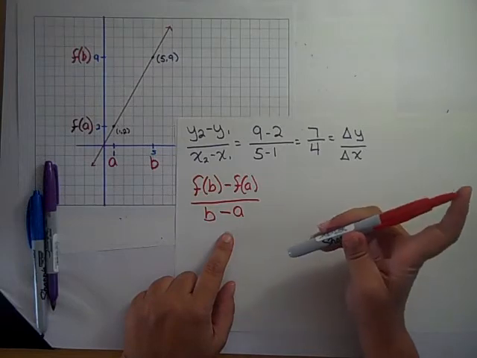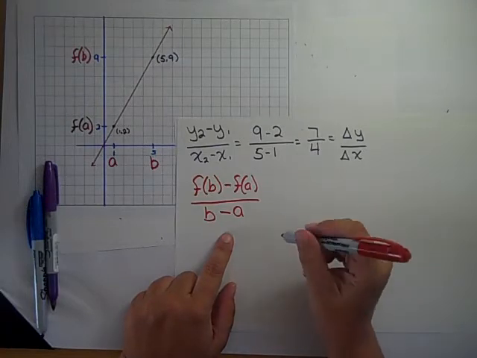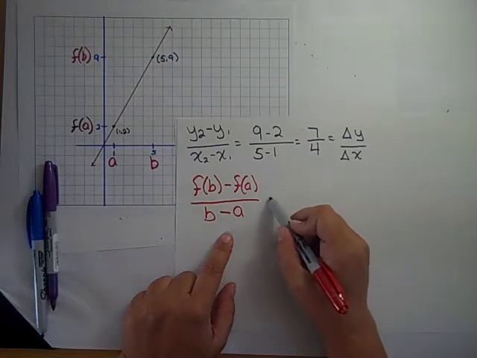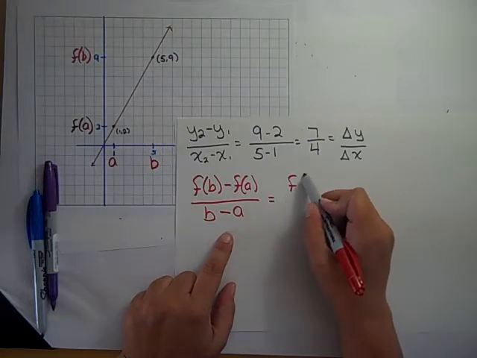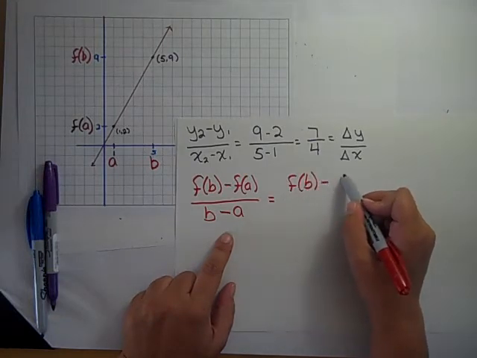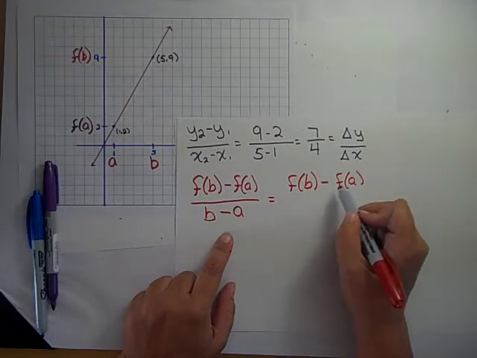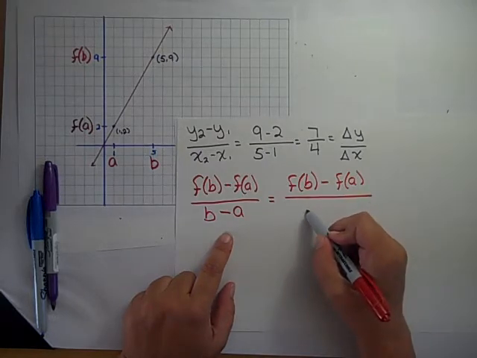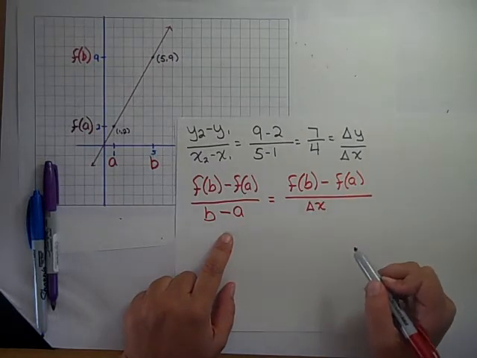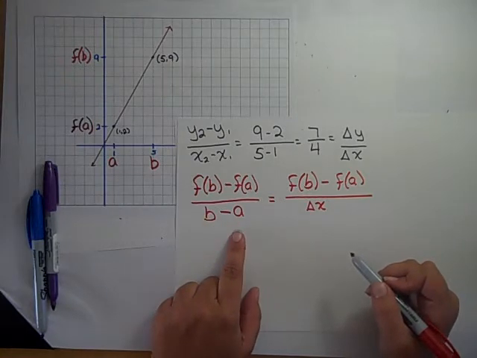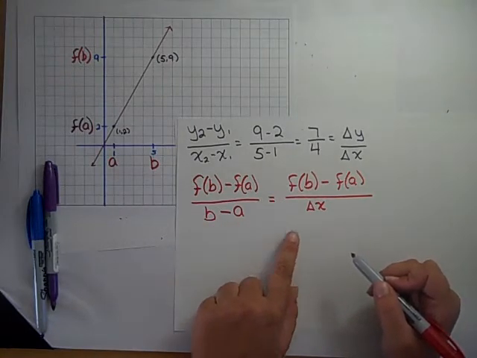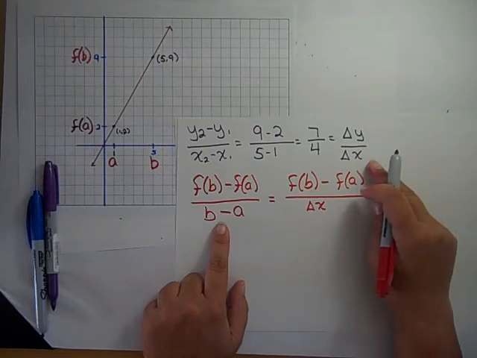Let's change b minus a to just be delta x. So let's now write this as f of b minus f of a over delta x, which is just the change from b to a. Does that make sense? We agree that b minus a is the same as the change in x.